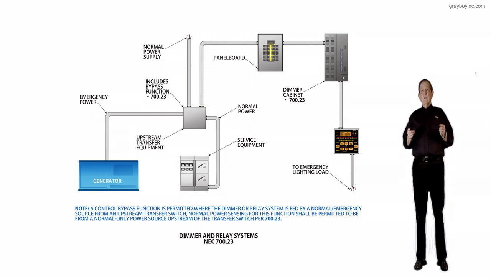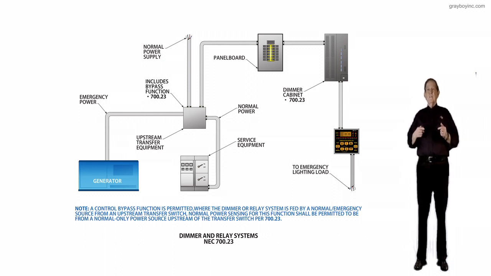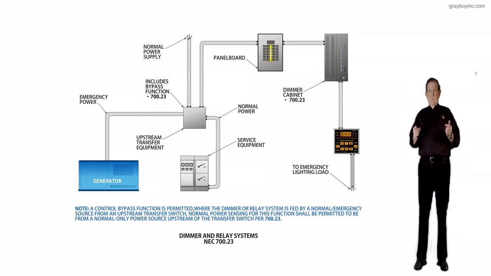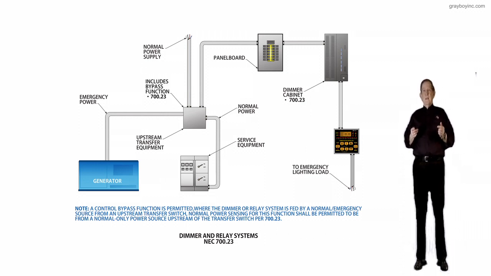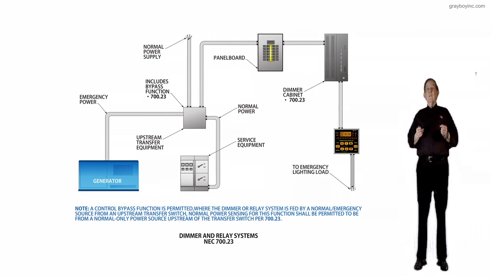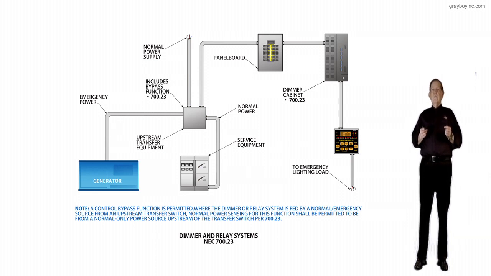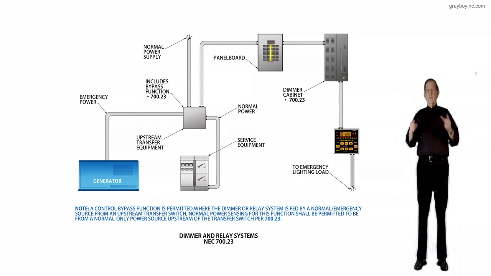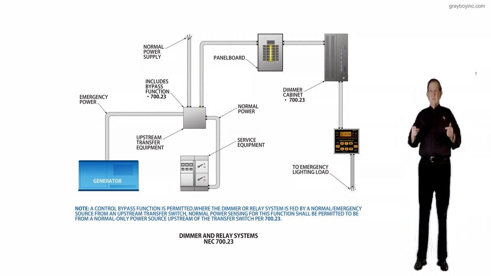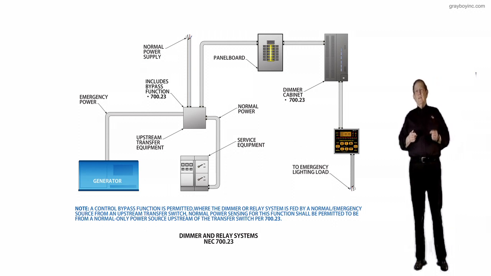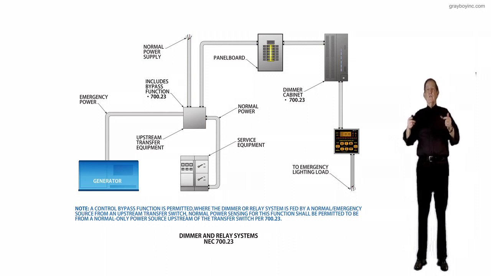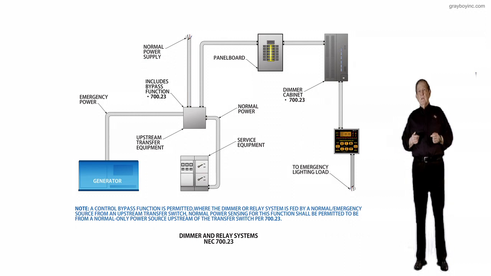We list what we feel are some of the most important changes. However, we may miss one that's important to you. So we recommend very highly that you review Article 700 and any and all changes that have taken place there to make sure that a particular change doesn't affect your design and installation of emergency systems.